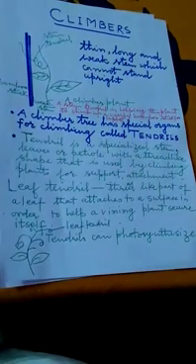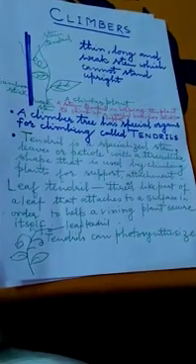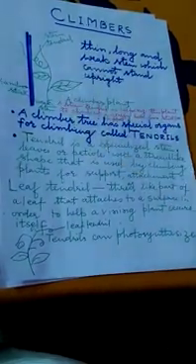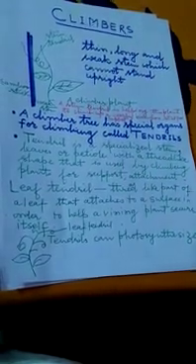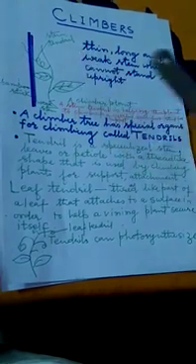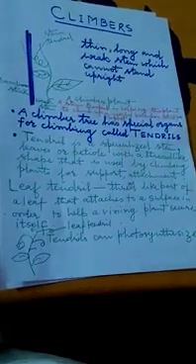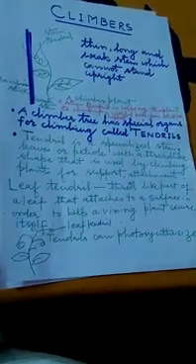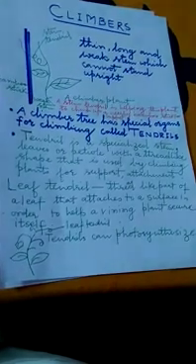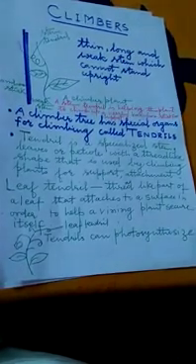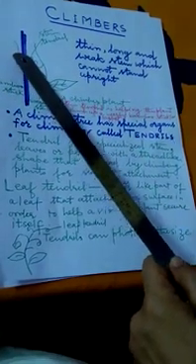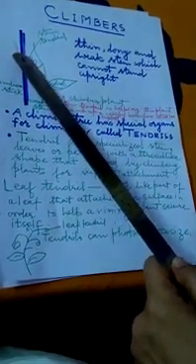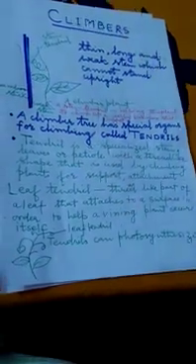So, climbers are having thin, long, weak stem which cannot stand upright but readily climbs up a neighboring support or a tree is called a climber. A climber plant has a special organ for climbing called tendrils.